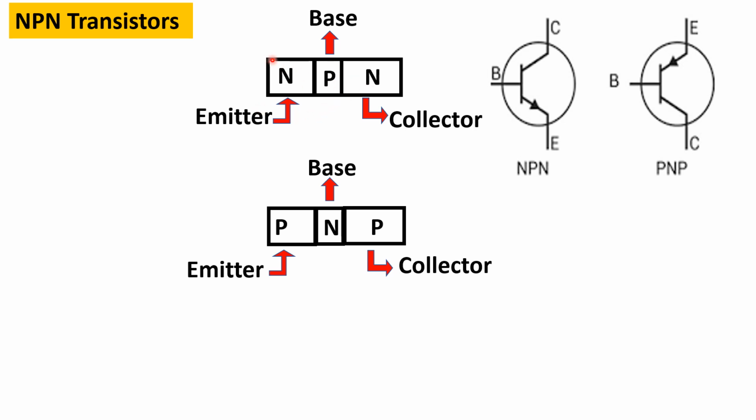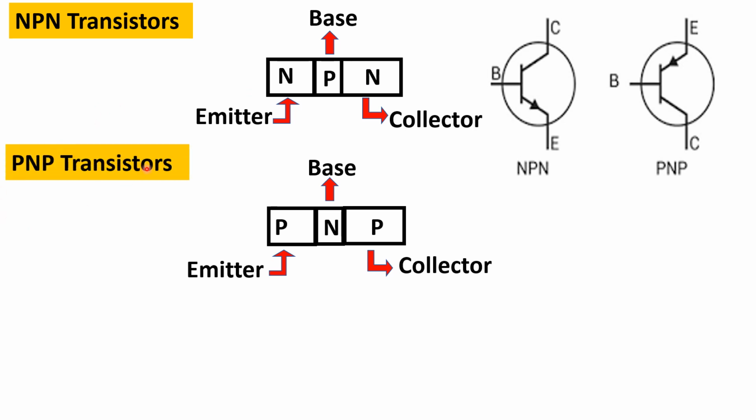You'll notice that there are three layers of the semiconductor material, two N-type materials, which represent what we call the emitter and the collector, and the base is the one that is sandwiched between the two N-type materials, right?